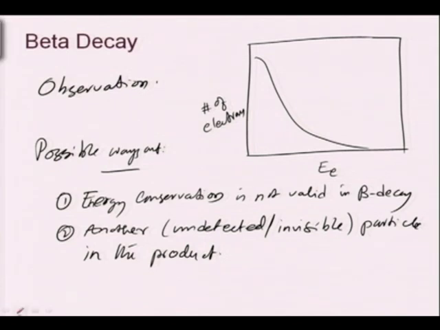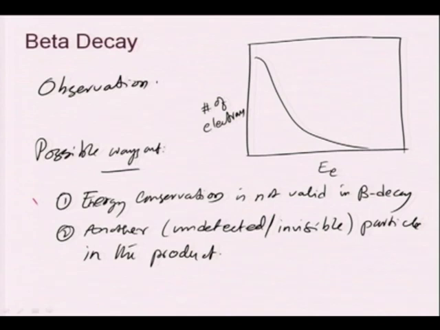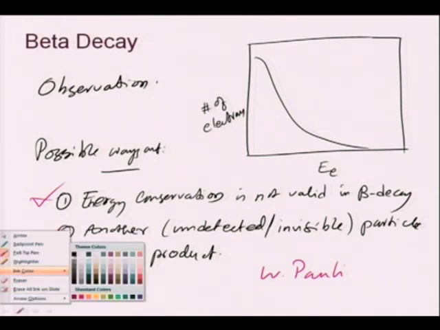So, it turns out that the first option is not correct, and the second proposal by Wolfgang Pauli turns out to be the right solution to this problem.